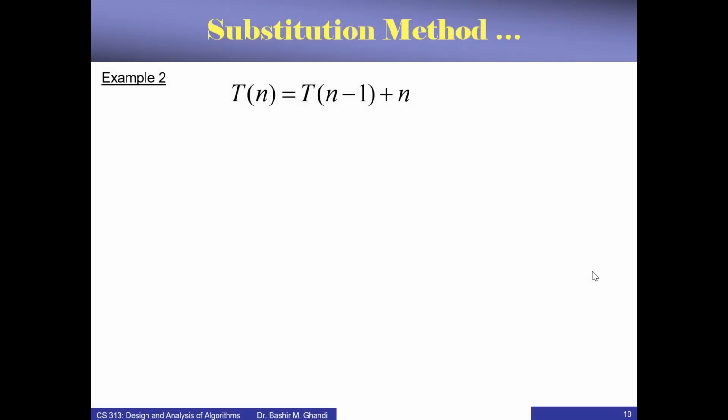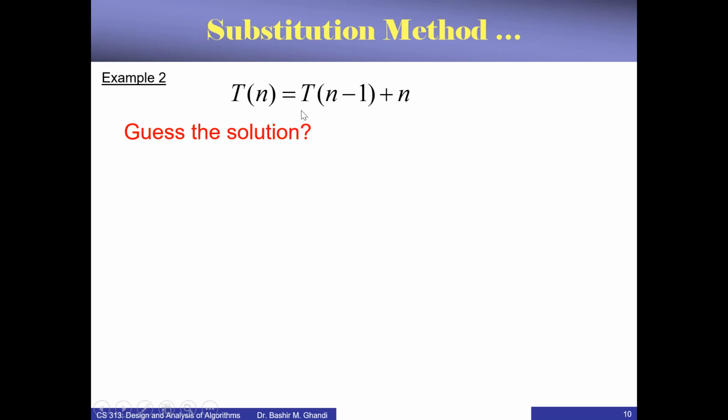Let's take another example, solving recurrence relations using substitution method. So here Tn is equal to Tn minus 1 plus n. Any guesses? What do you think is the simplification of this recurrence relation? Tn will be big O of what?